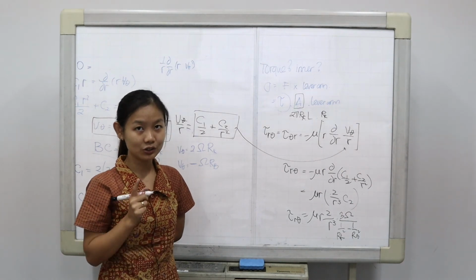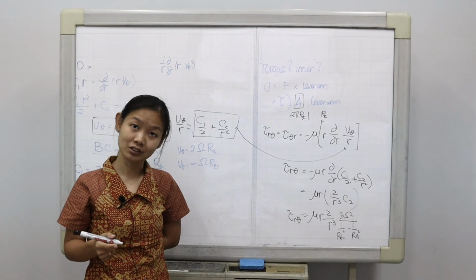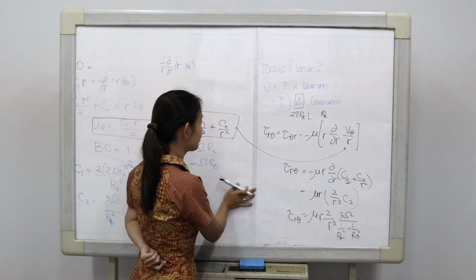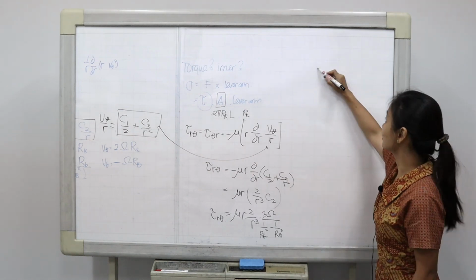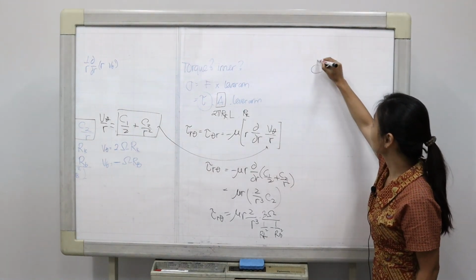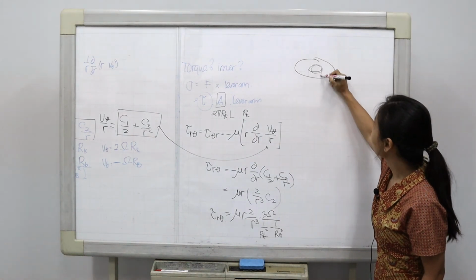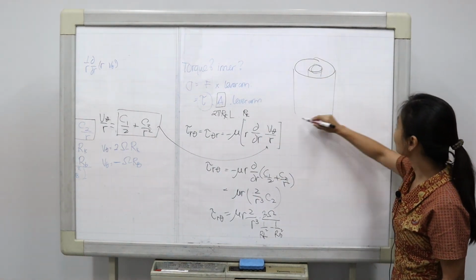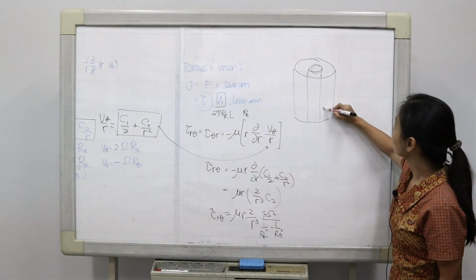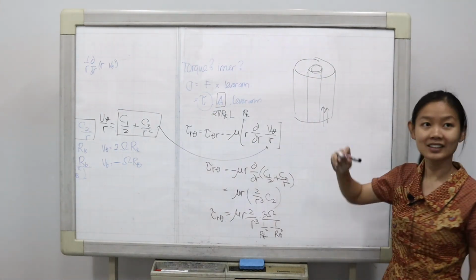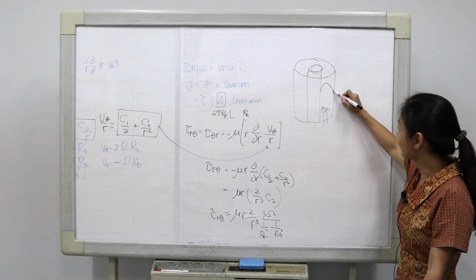Okay, you need to check one thing. This is an annulus. If you still remember our previous meeting, we have an annulus, and then we have fluid flowing upwards like this, and the velocity profile looks like this.